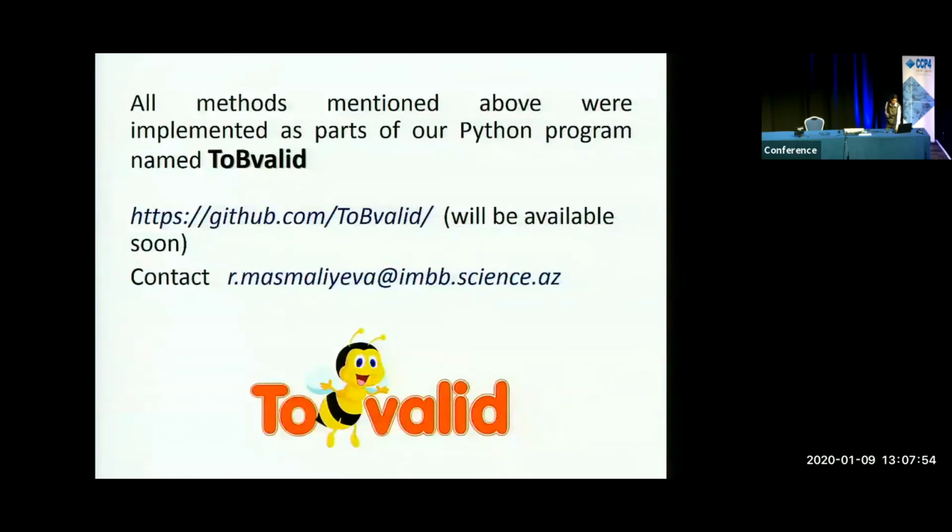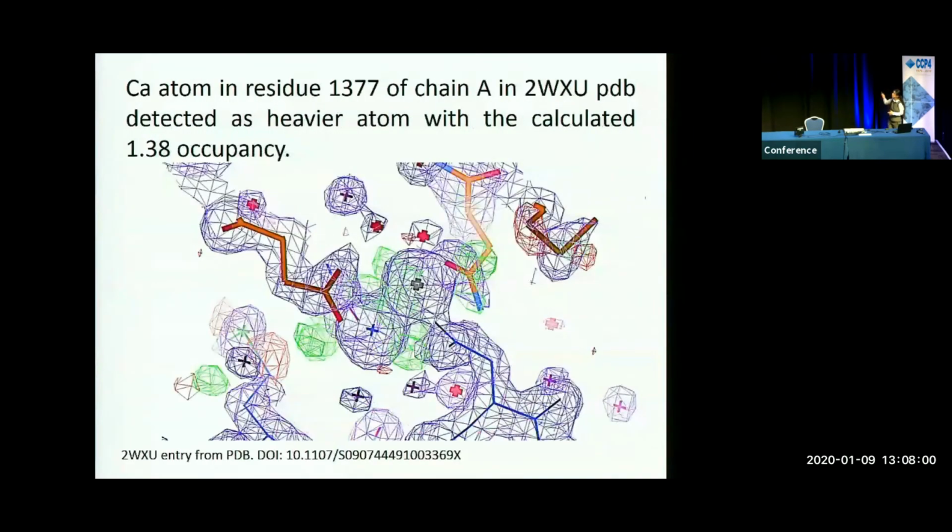Sorry, I was missing the slide here. As we know, calcium has 20 electrons and cadmium has 48, and with the optimal occupancy 1.38, we can expect that there should be approximately 28 electrons.